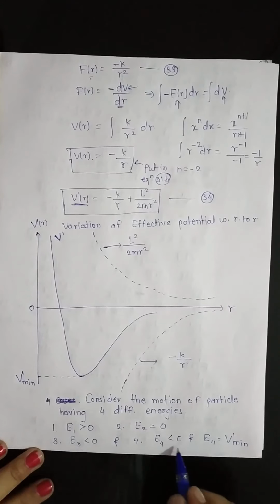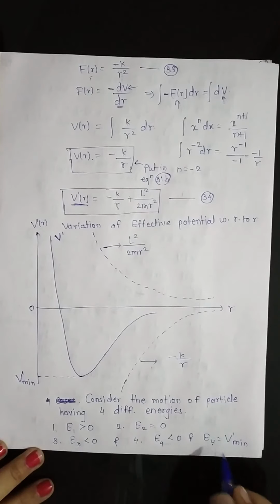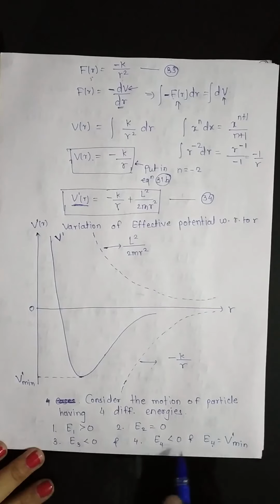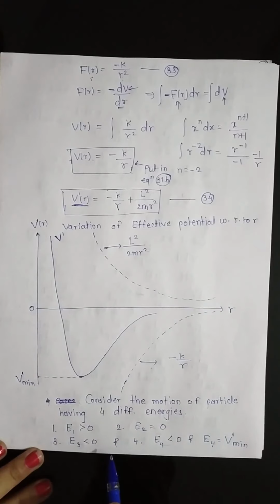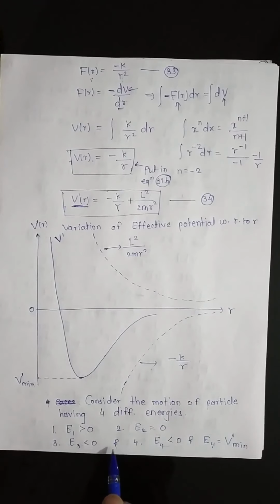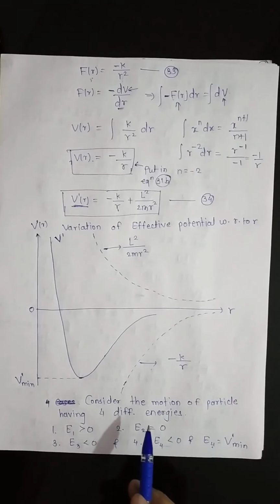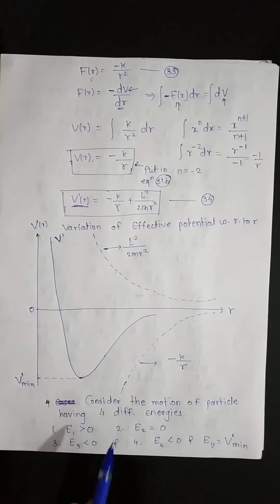And fourth, we will consider E4 less than 0 with energy equal to V' minimum, that is the minimum effective energy. For these four cases, we are going to discuss what will be the path followed by the particle. We will correlate these energies with our equation of path, which is given by equation number 30.